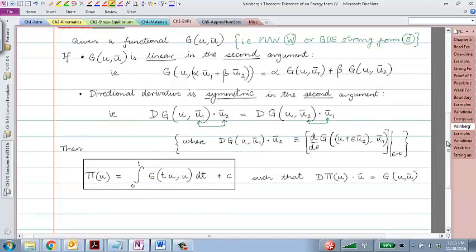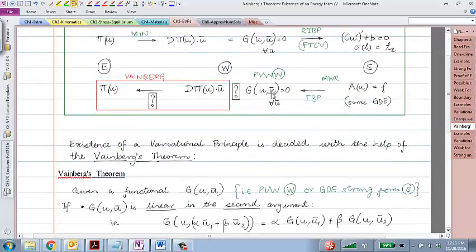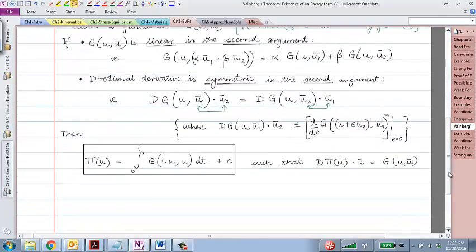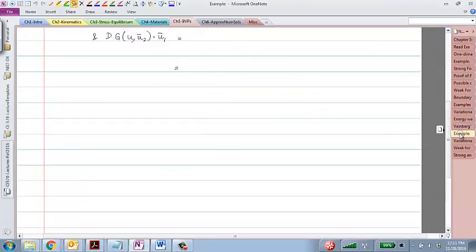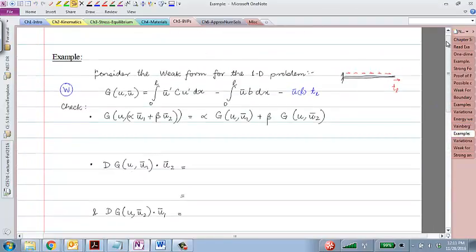If these two conditions hold, then from the principle of virtual work form of the weak form, we can go to the energy form, and the energy functional is given by this expression. What we'll do in the next 5 to 10 minutes is apply this to this problem and find the energy functional.